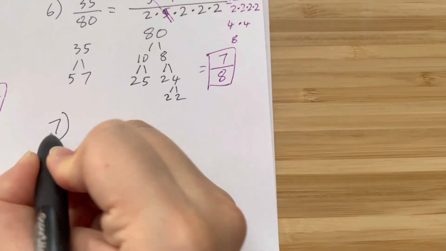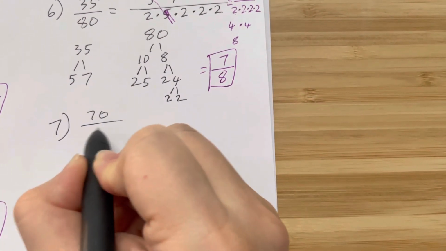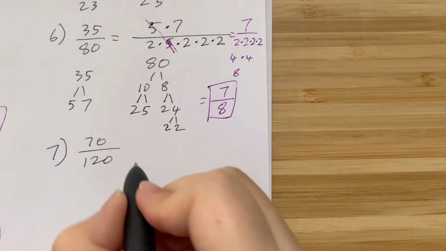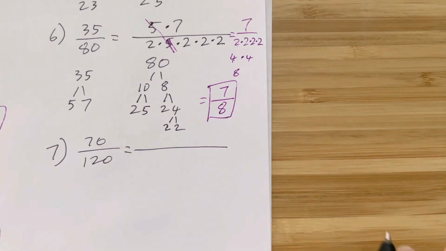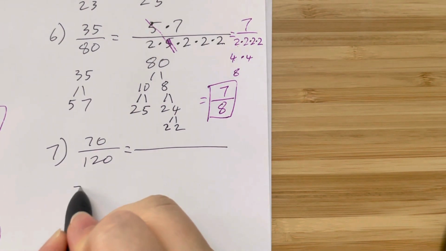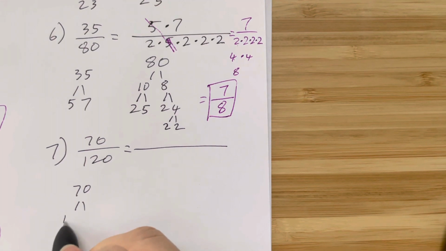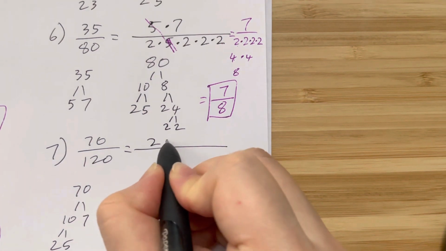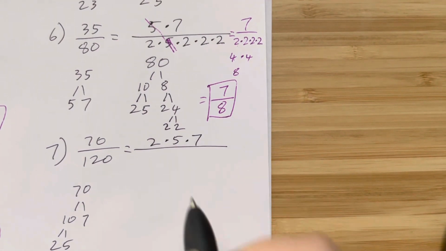Number 7, we have 70 over 120. Let's break 70 down to a 10 and a 7. The 10 is a 2 and a 5, so it'll be 2 times 5 times 7.